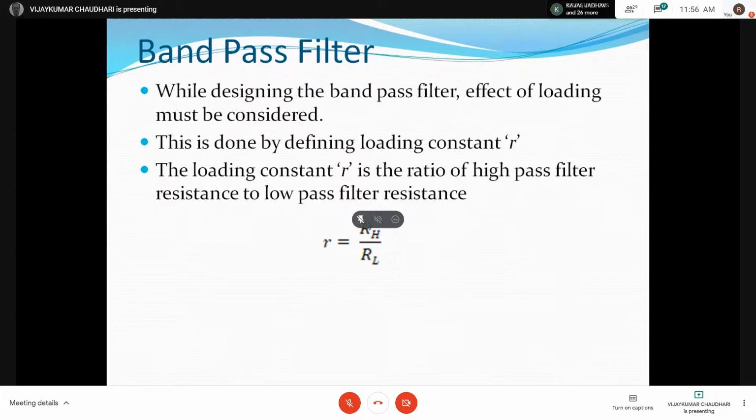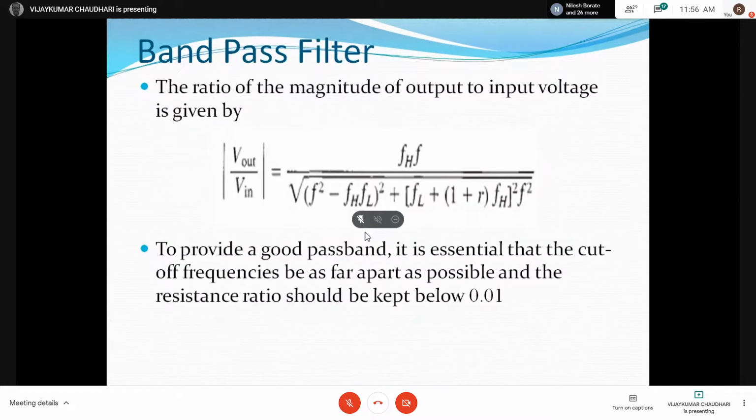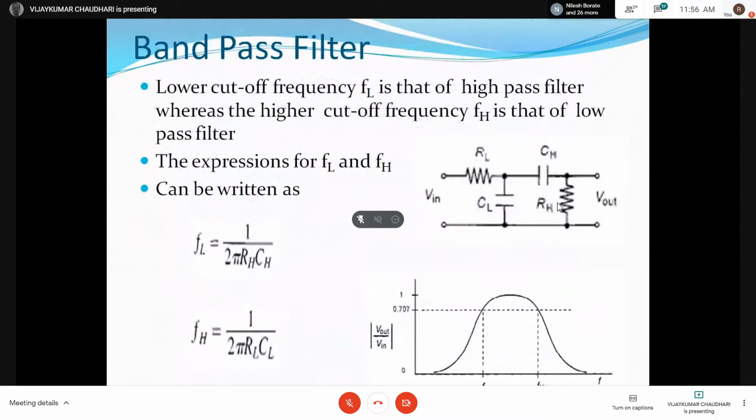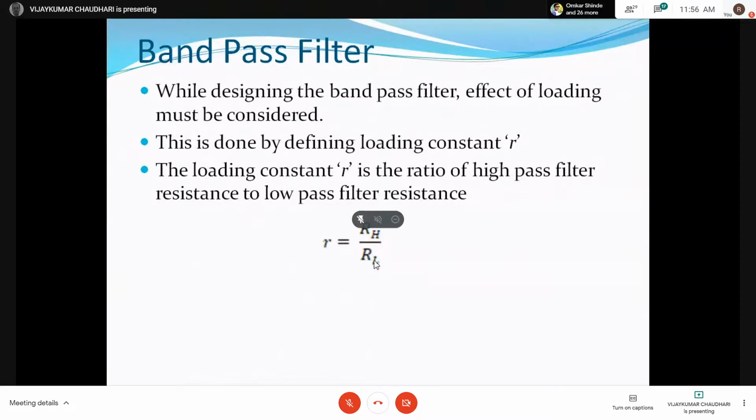It is the ratio of high pass filter resistance to low pass filter resistance. So small r is defined as RH upon RL. Where is RH? This is RH and this is RL. So RH upon RL gives the loading constant r, right? So this r must be sufficiently small, as small as possible.